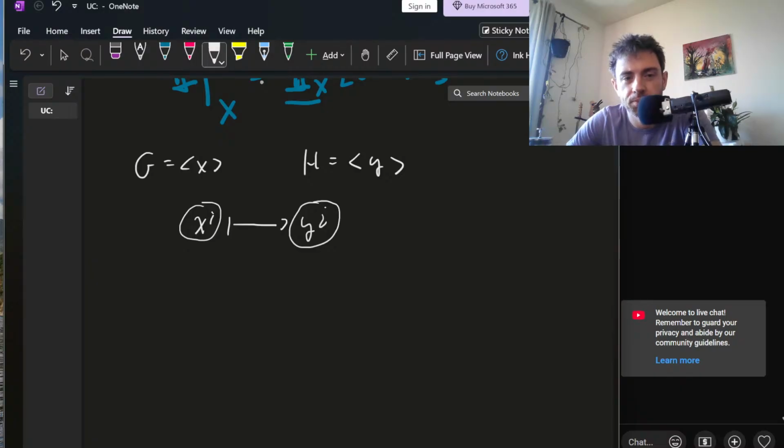The other thing is that we want to make sure that this element, if it's an isomorphism, had better generate the whole group in the target group. So this element needs to generate the whole group, and that also means that this element needs to generate the whole group. So when does that happen for a cyclic group?